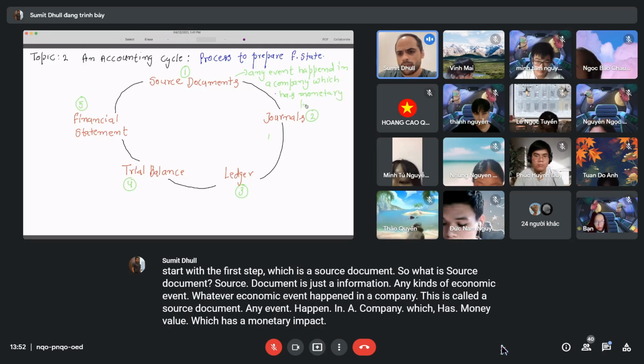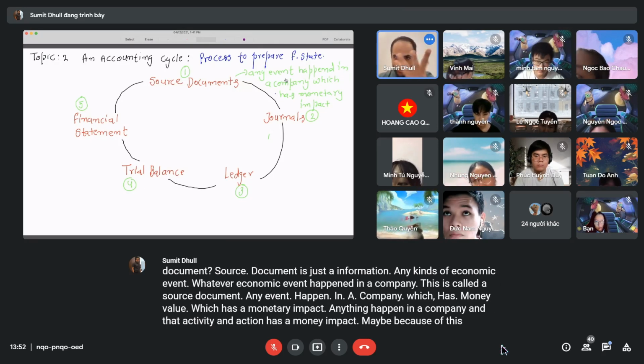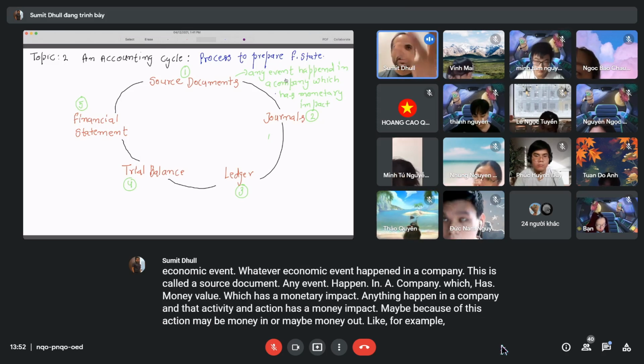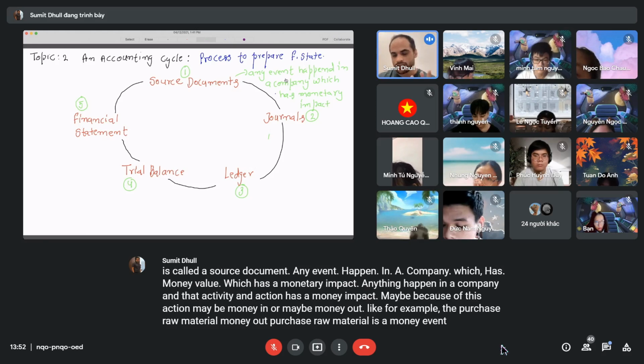Anything that happens in a company and that activity or action has a money impact, maybe money in or maybe money out. For example, we purchase raw material, money out. Purchasing raw material is a money event, a monetary impact.